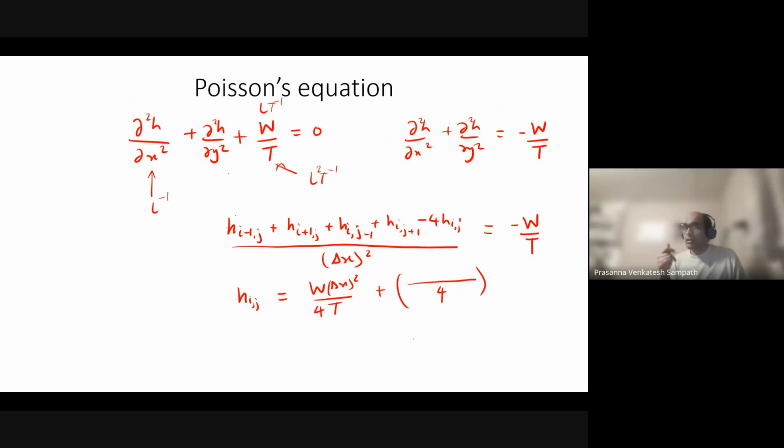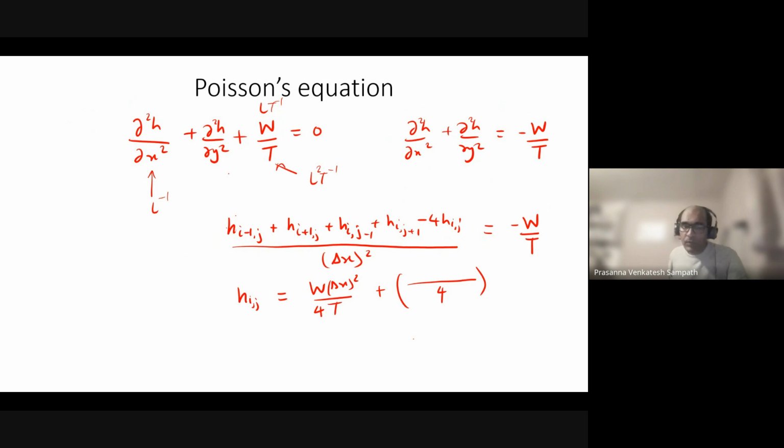Okay, so you notice that I started off with a simple problem, a steady state confined aquifer, no sources and sinks. I have added one level of complexity. I said, let there be an external source or a sink, this W term. If it's adding water, W will have a positive sign. If it is removing water from the aquifer, it will have a negative sign.